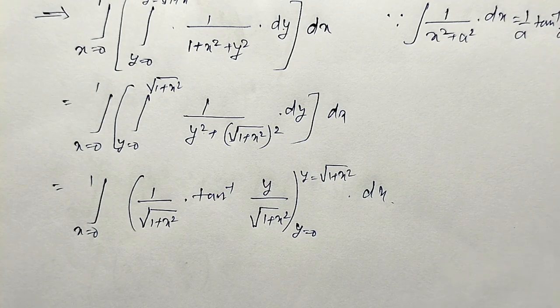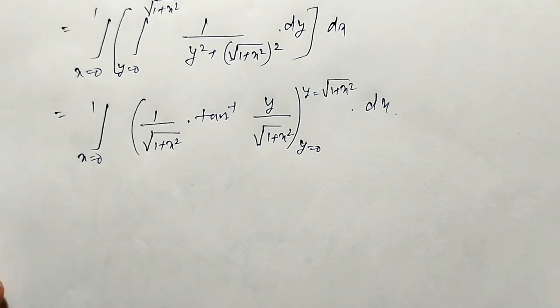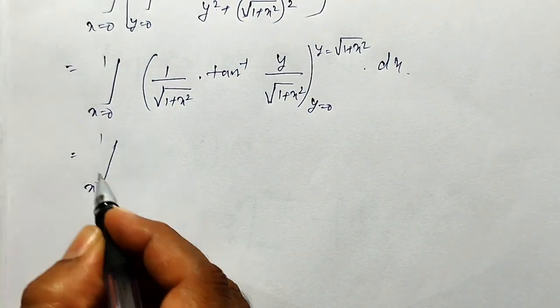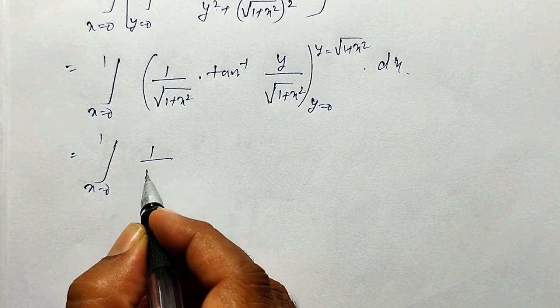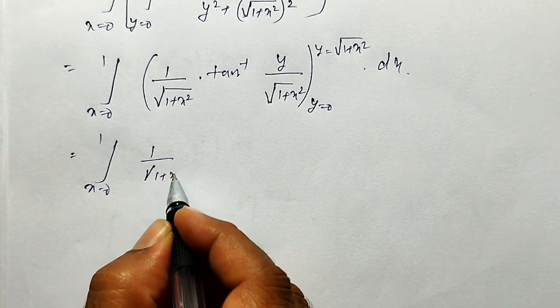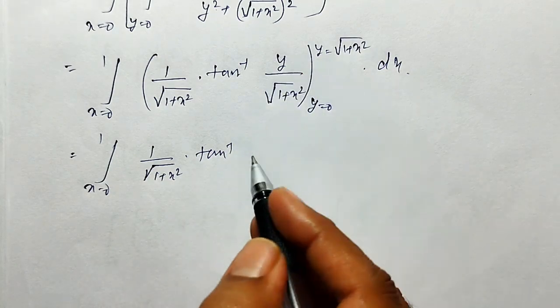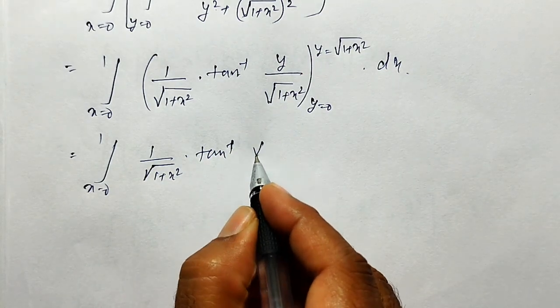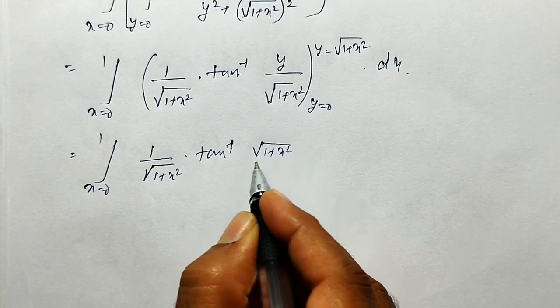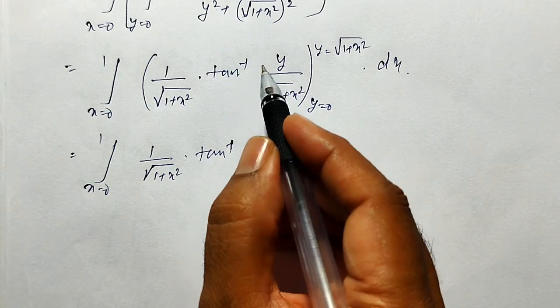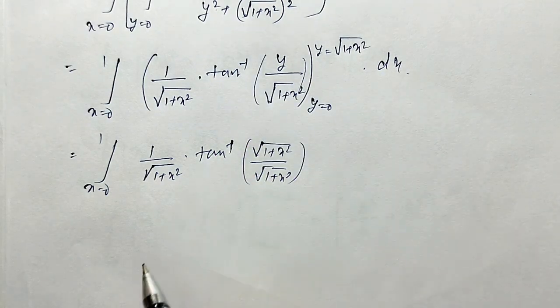I will substitute and simplify this as the integration from x equal to 0 to 1 of 1 divided by square root of 1 plus x square, which is constant, into tan inverse of y replaced by the upper limit, square root of 1 plus x square divided by square root of 1 plus x square. To avoid confusion I will put one more bracket here.